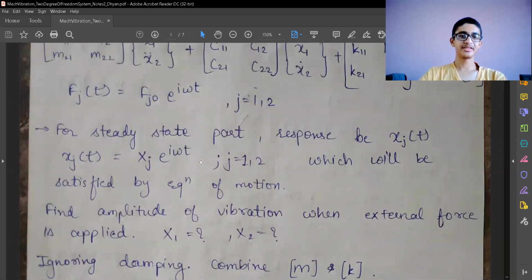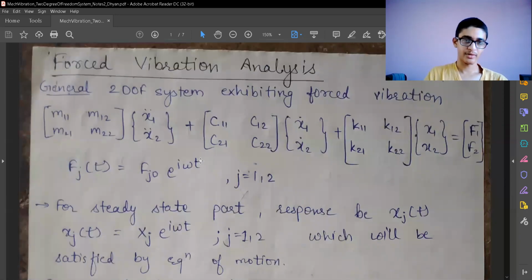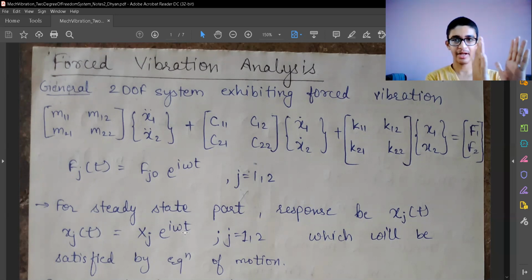Now this is a very good and important conclusion: my force is a periodic force because it has some frequency, omega. So that same frequency is in the response. That means when we go to the steady state part, the transient part for a small time can be different.